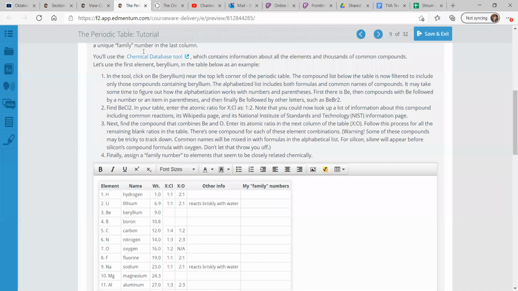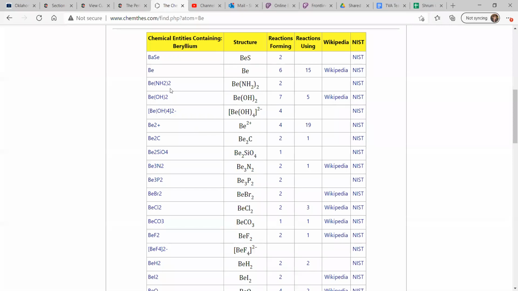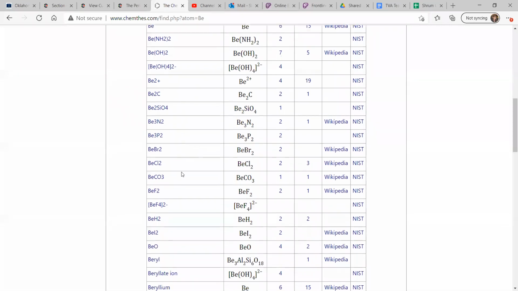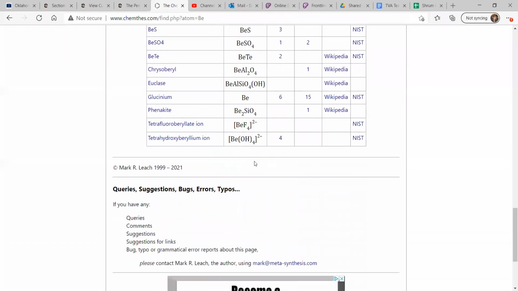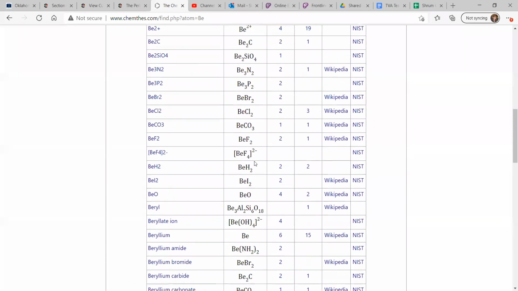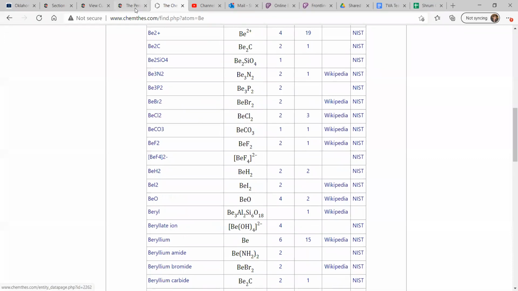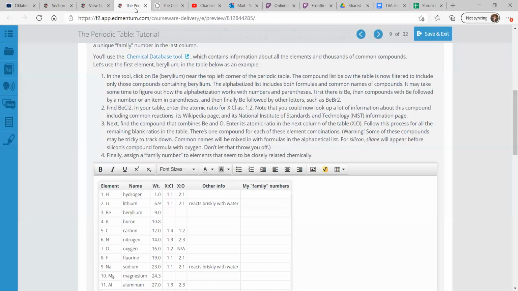So we did that. Find BeCl2. So here we go. We found it.